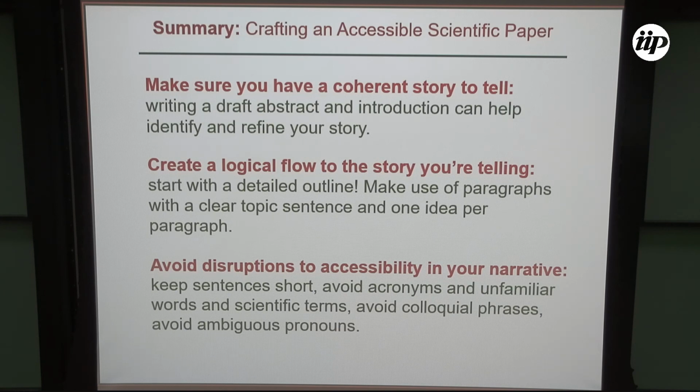I mentioned two classes of them: these large-scale disruptions like burying ideas in the middle of a paragraph of text without having paragraph structure, but also smaller scale things like acronyms, jargon, unwieldy sentences, etc. If you can clean this up, and again, you can't expect to do this in a first draft, but these are things to try to do when you do your first draft so that when you do rewriting, it's much easier and takes much less time.